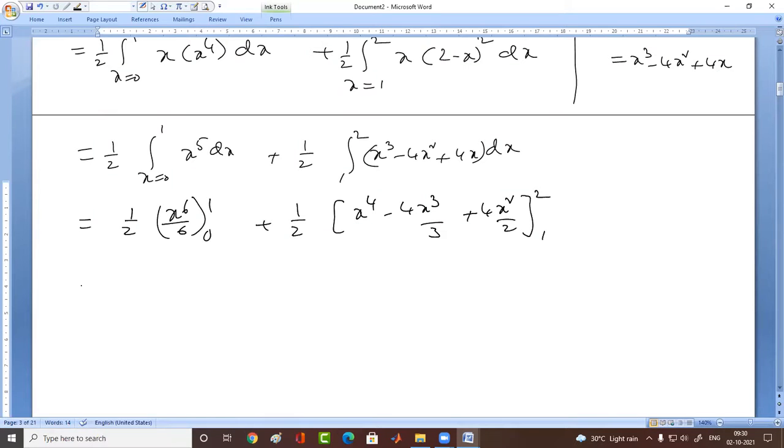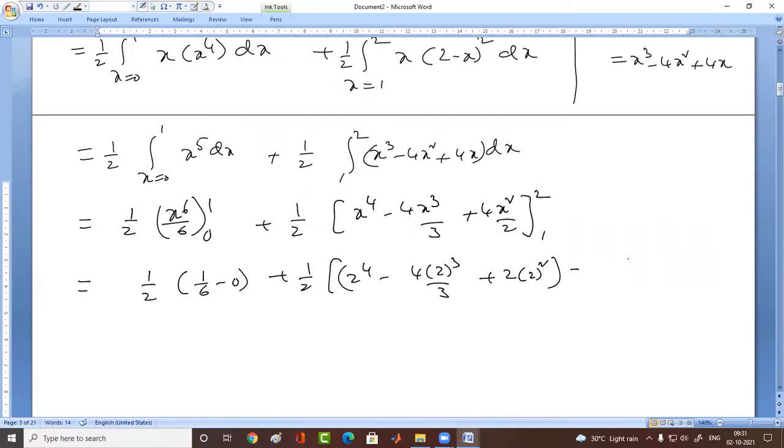Now substitute the limits. 1 by 2 into 1 by 6 minus 0, plus 1 by 2 into 2 power 4 minus 4 into 2 cubed by 3 plus 2 into 2 squared, minus the lower limit, 1 minus 4 by 3 plus 2. Now simplify it, you will get the required solution.